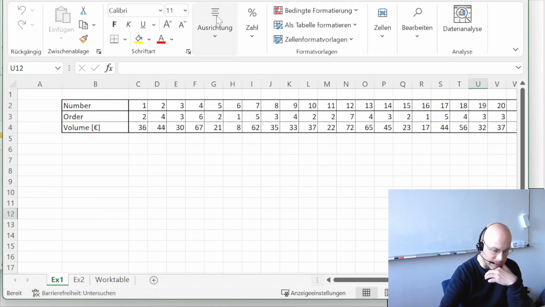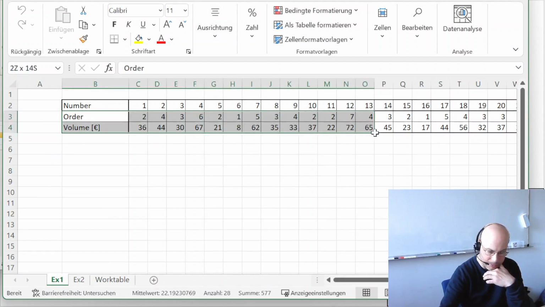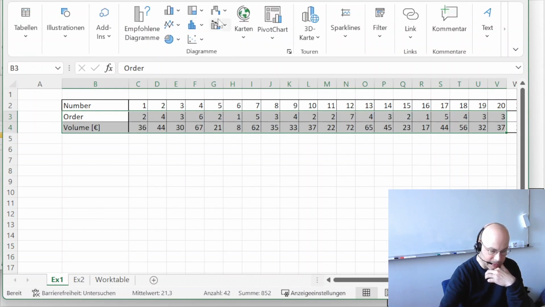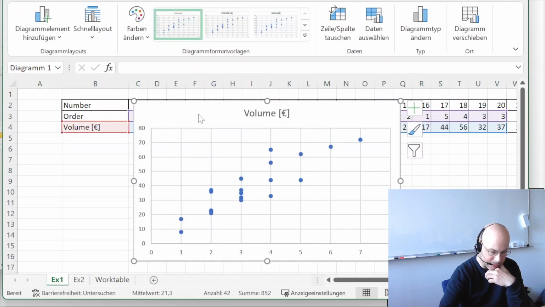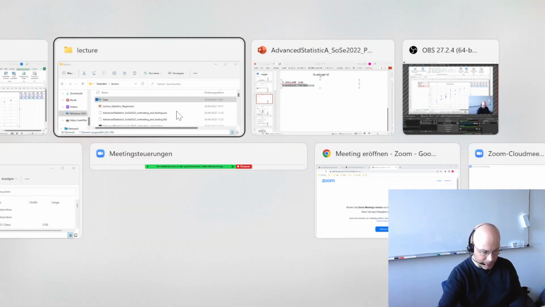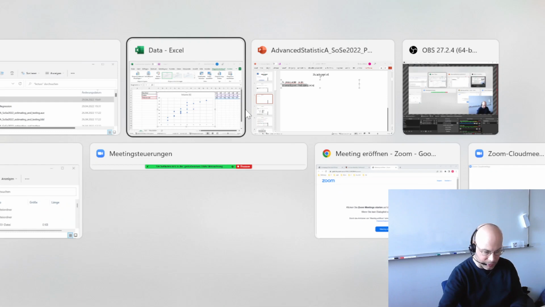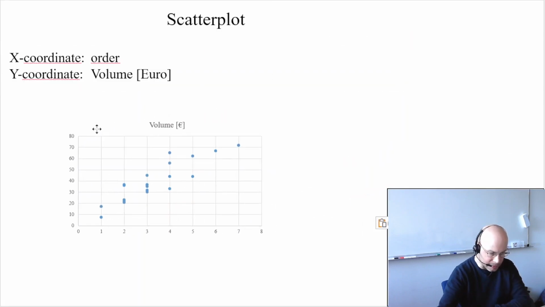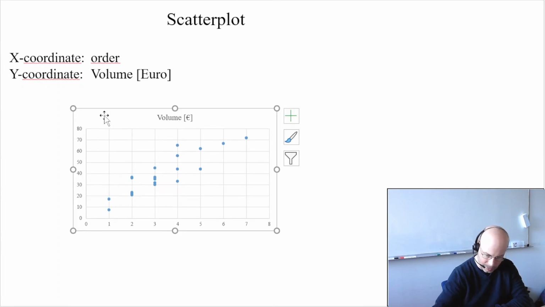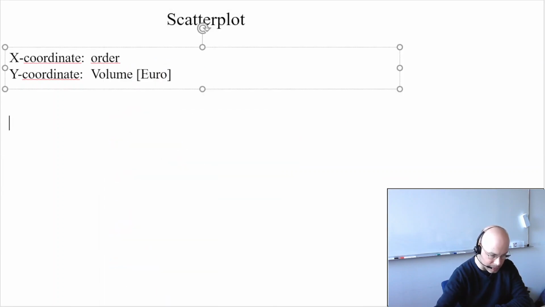So this is our order and our volume, and then you just mark it and take the scatter plot xy, and so we obtain from a graphical point of view a nice thing. Oh, I should do this in another way because otherwise it is not scaling.